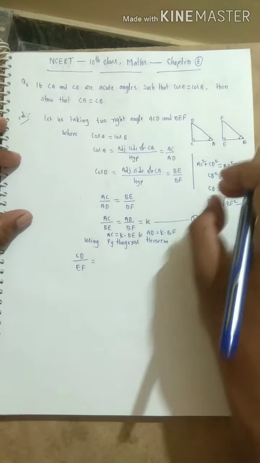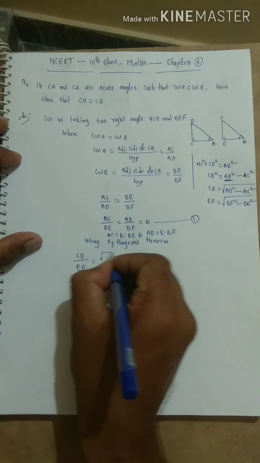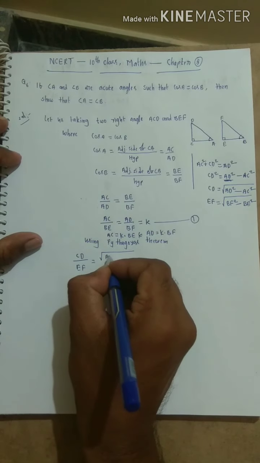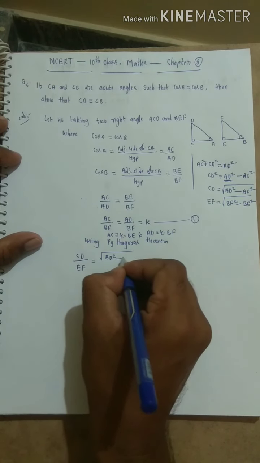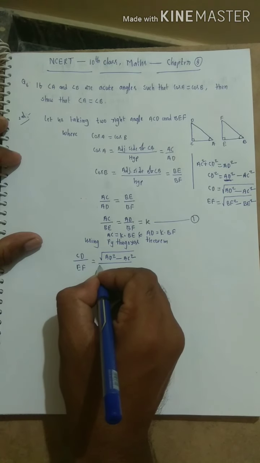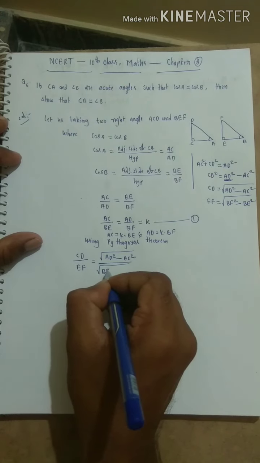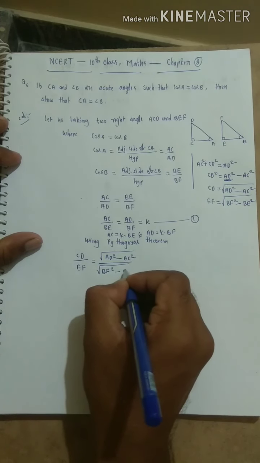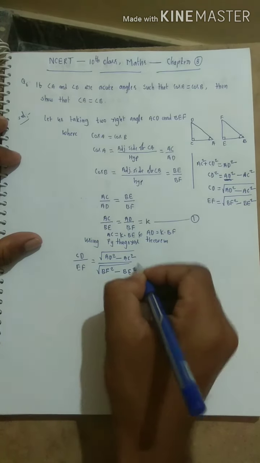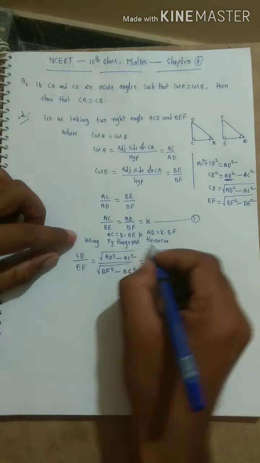Substituting these two values here, CD is the square root of AD square minus AC square, upon EF, whose value is the square root of BF square minus BE square, is equal to the square root of AD square.